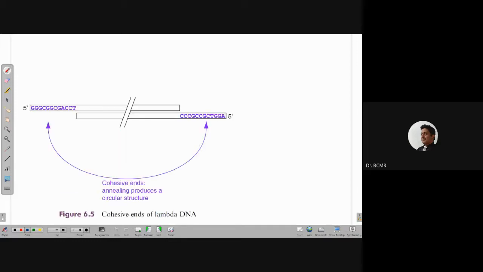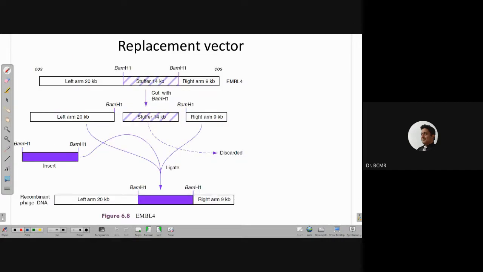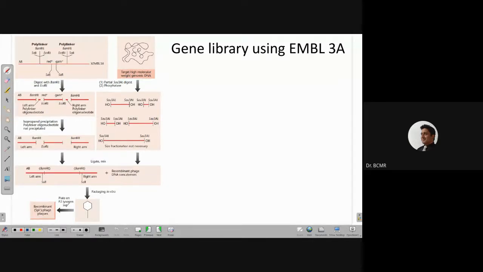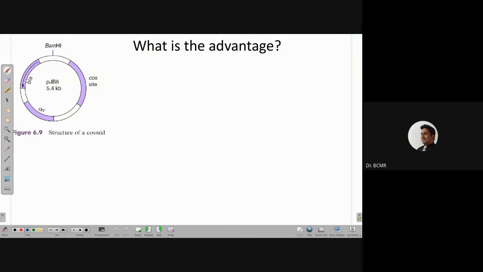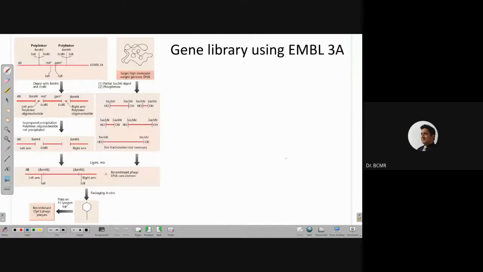And tomorrow we are going to discuss lambda DNA, a little bit about lambda DNA and eventually the lambda vectors. I will stop until here. I will discuss EMBL3A. Please have a look at it if possible. And this will be part of the coming CA exam until EMBL3A.